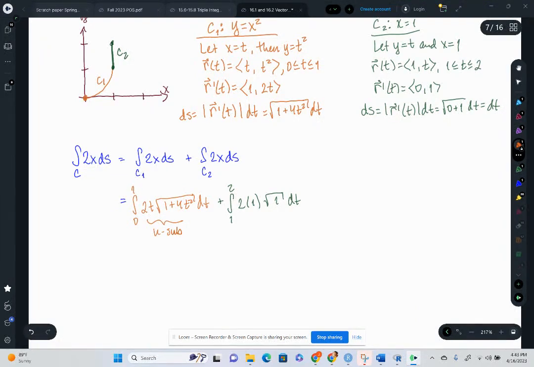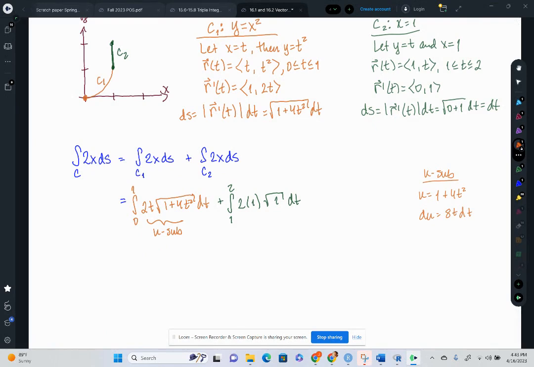Okay. Now, in the first one, I have a u sub. So I'm going to go off to the side and do my u sub. u will be the stuff under the radical, so it's 1 plus 4t squared. du is 8t dt. I don't have an 8t, I have a 2t, so I'm going to divide both sides by 4. 1/4 du is equal to 2t dt.